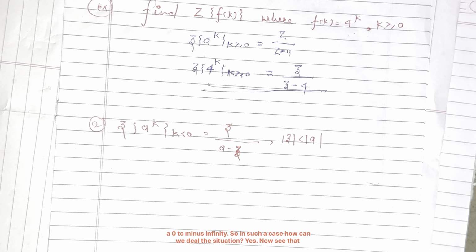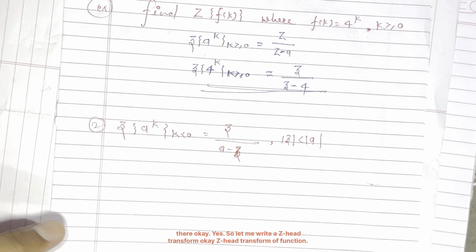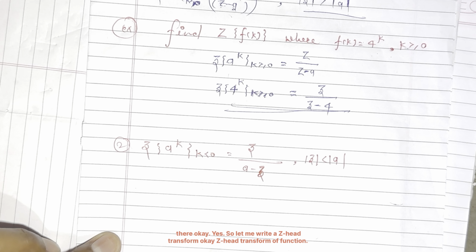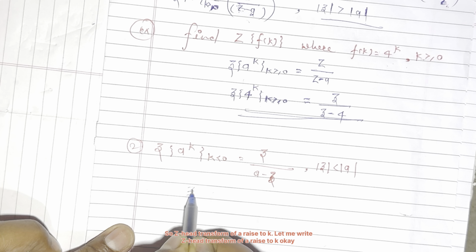Now see that as we are going to take values smaller than 0, our summation needs to be changed there. So let me write the Z transform of a raised to k.